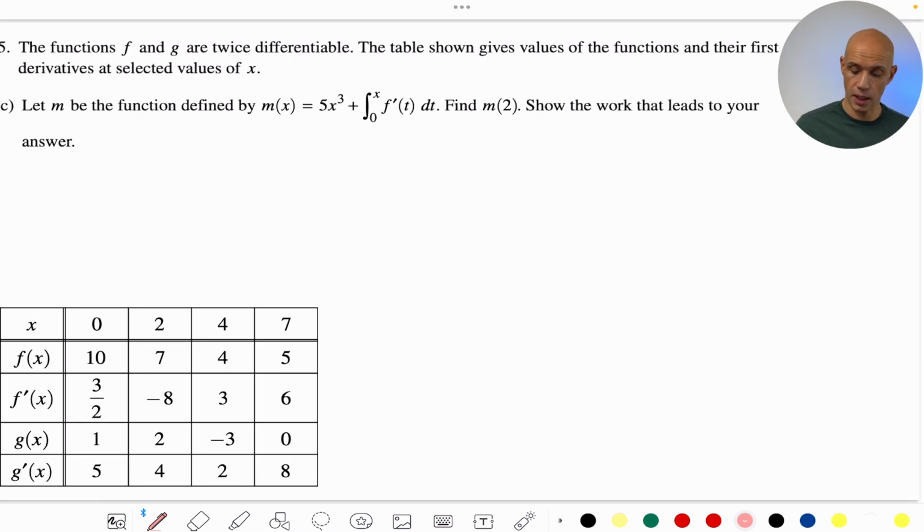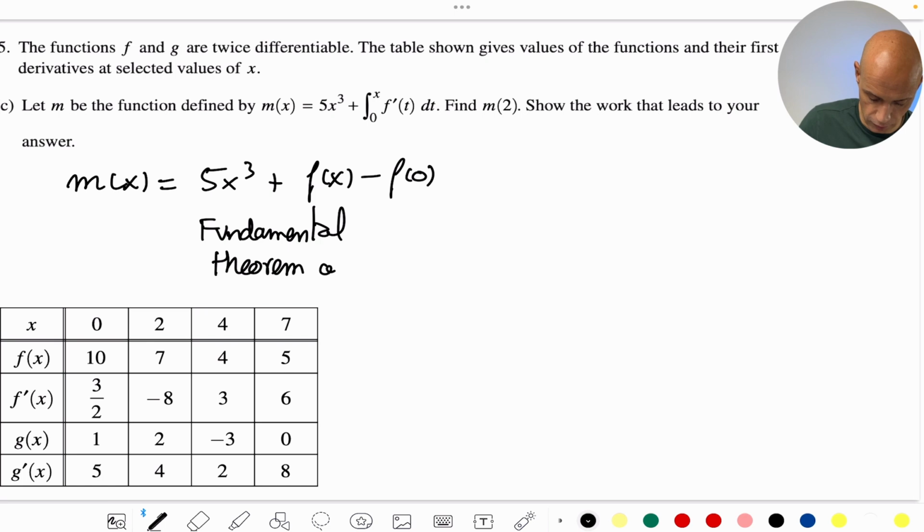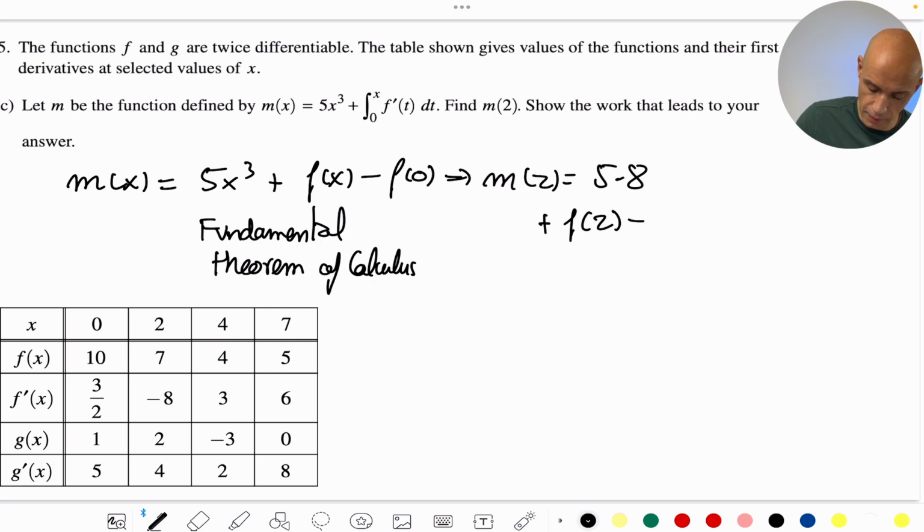Now for C, again, let's not get very threatened by all this expression. The first thing to do is to try to simplify this in a better way. Let's say we do this, and this is simply because of the fundamental theorem of calculus. And what do they want? m of 2, okay, no problem. 5 times 8 plus f of 2 minus f of 0.